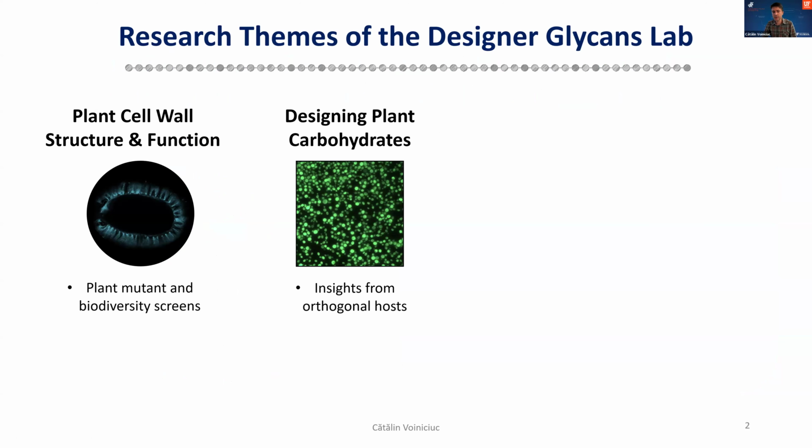About 7 years ago, I made a pivot from only using plants to understand the roles of these components to introducing synthetic biology approaches where we use orthogonal or surrogate hosts, such as yeast, to design complex materials like plant carbohydrates from the bottom up.